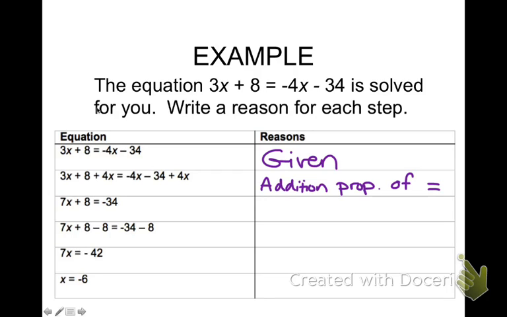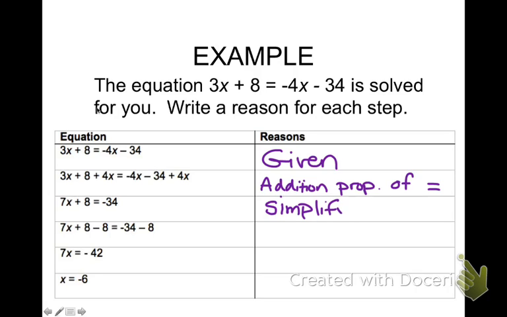Okay? All right. What happened from line 2 to line 3? Not yet. That would be from 3 to 4. What happened here? From here to here? They combined like terms, right? So you can either write the words combine like terms, or you can just write the word simplify.